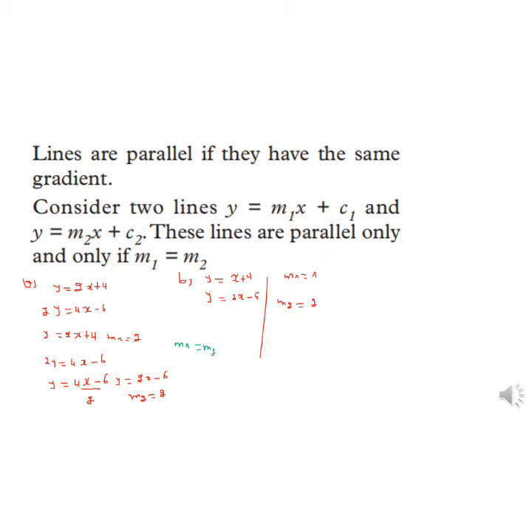While for the second example, m1 is different to m2. And now you conclude that the lines in A are parallel because m1 is equal to m2, while in the second example, equation 1 is not parallel to equation 2 because m1 is different to m2.